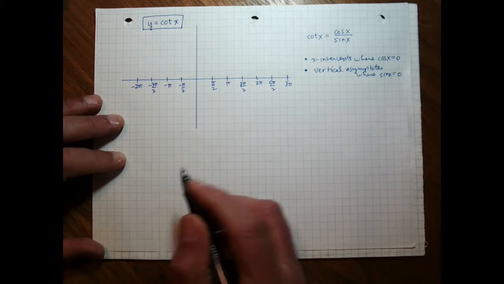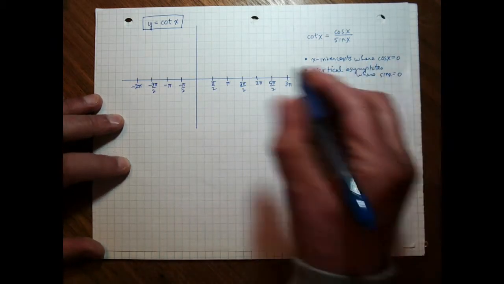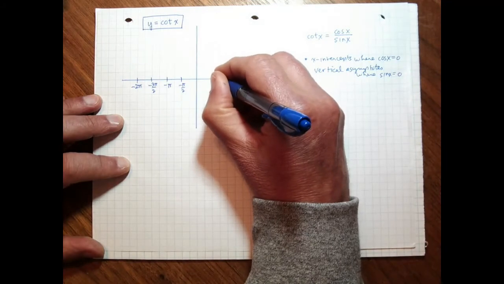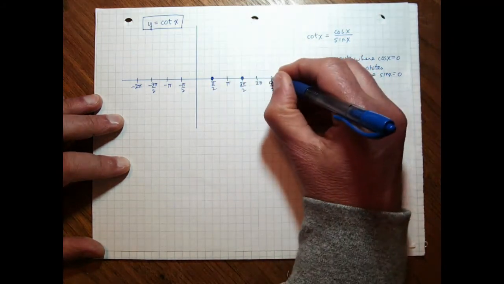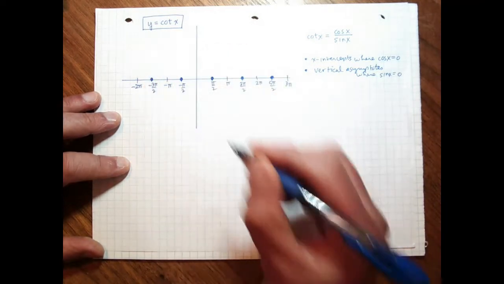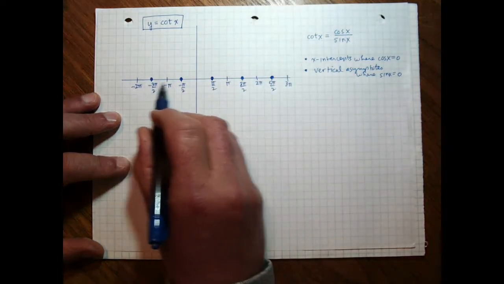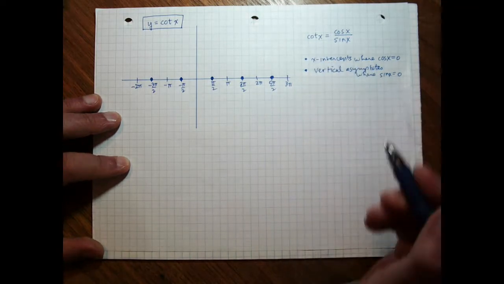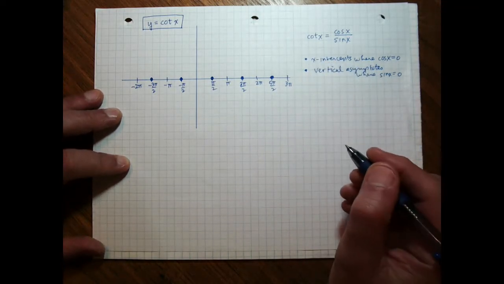Okay, so x-intercepts are where cosine is 0. Cosine is 0 at pi over 2, 3 pi over 2, 5 pi over 2. So these odd multiples of pi over 2, both positive and negative, are where cotangent will have its zeros, its x-intercepts.